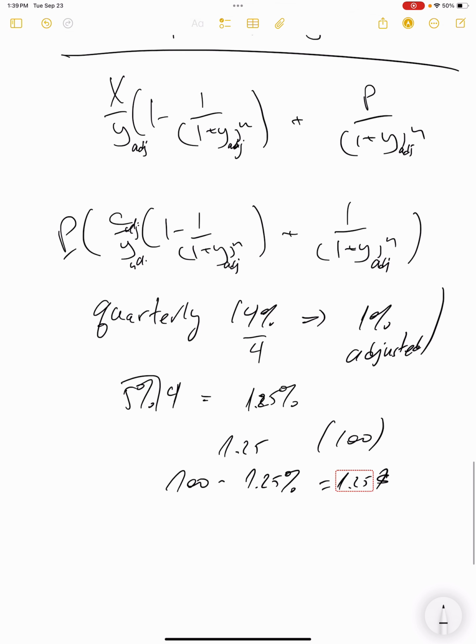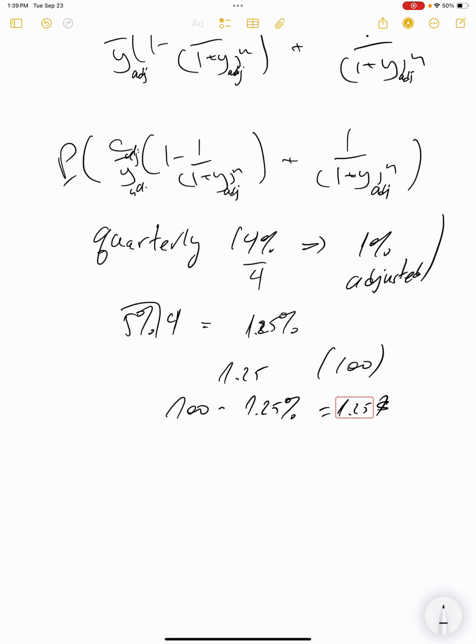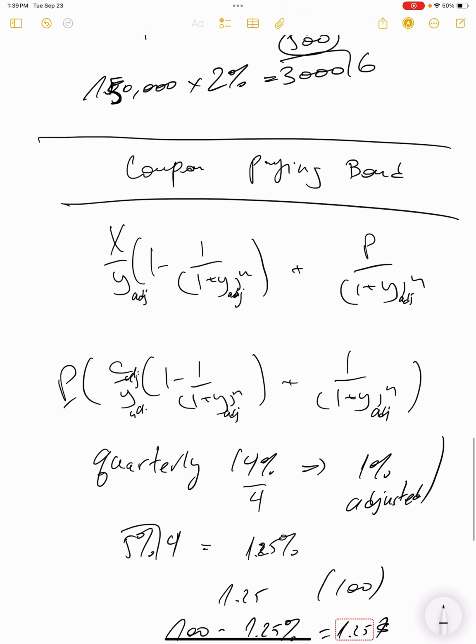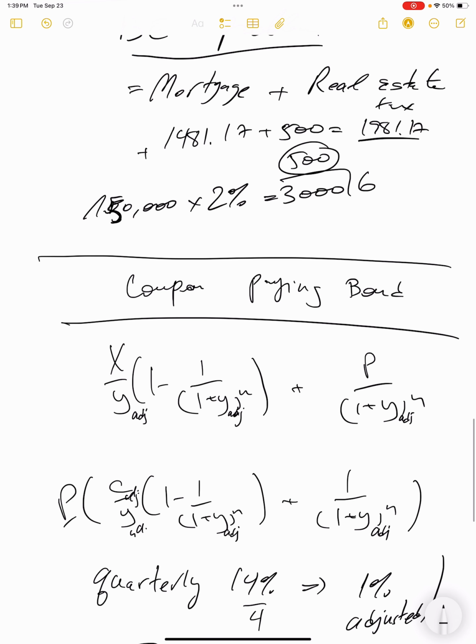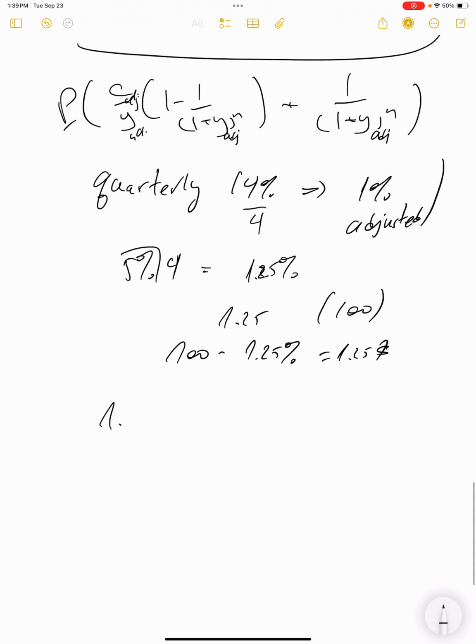So basically, you have x, which is 1.25. I'm going to use this formula here. You divide by 0.01, multiplied by 1 minus 1 plus 0.01.